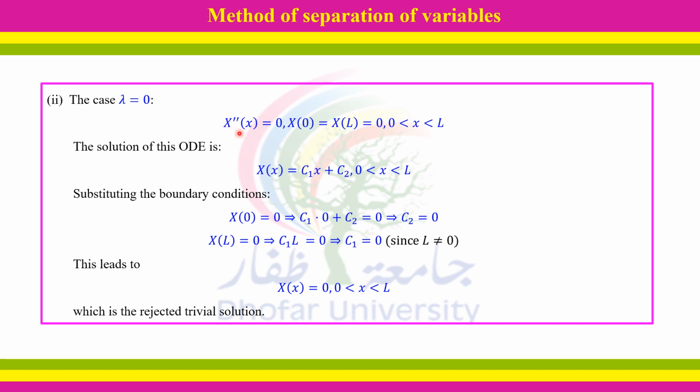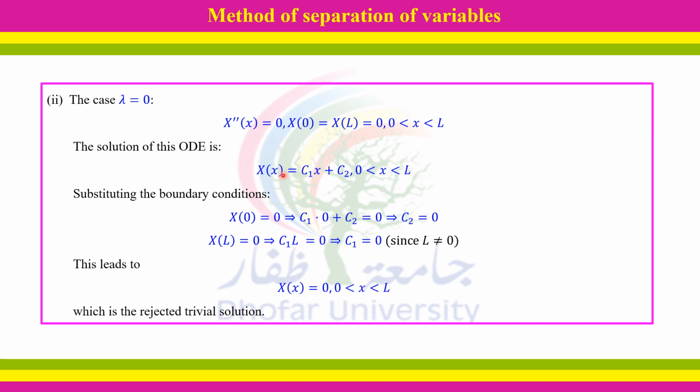The second derivative of X is 0, together with the boundary conditions X(0) and X(L) are zeros. So the solution of this differential equation is obtained by integrating twice, and then we obtain the solution X(x) equals c1 x plus c2.